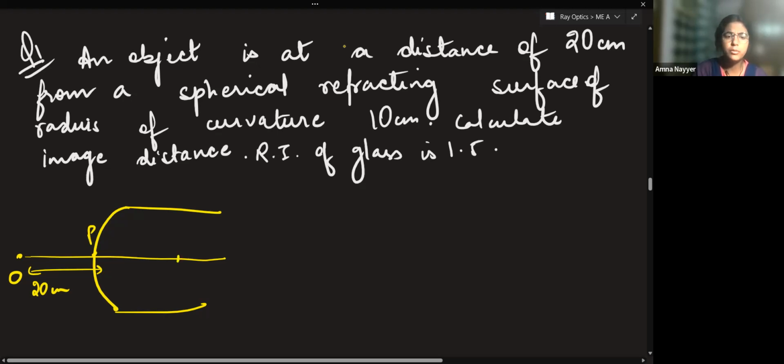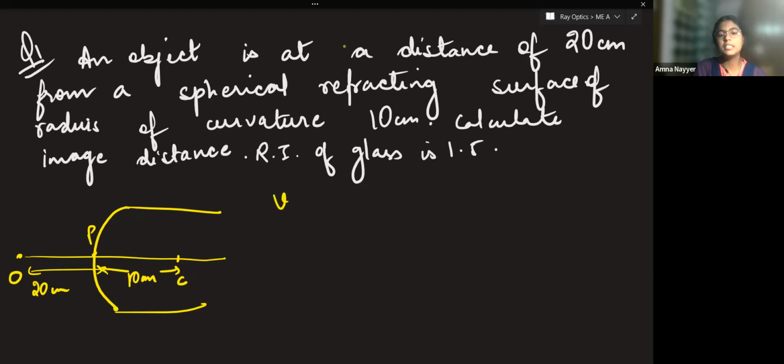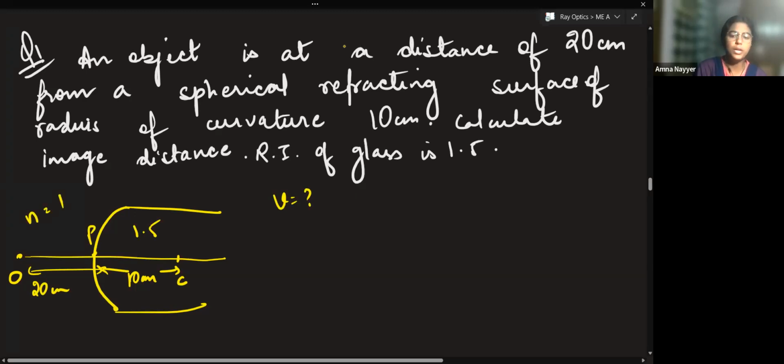Figure is given in the question, you can note down the figure also. This is 10 centimeters. It says calculate image distance. This is 1.5, and since this is here, this is 1. So n1 will be 1, n2 is 1.5. See class, n1 is 1, n2 is given to you as 1.5.